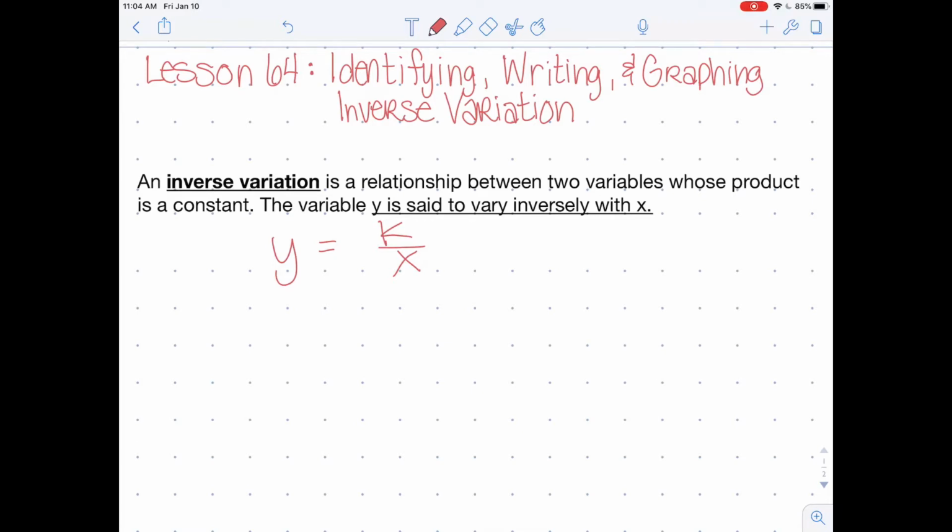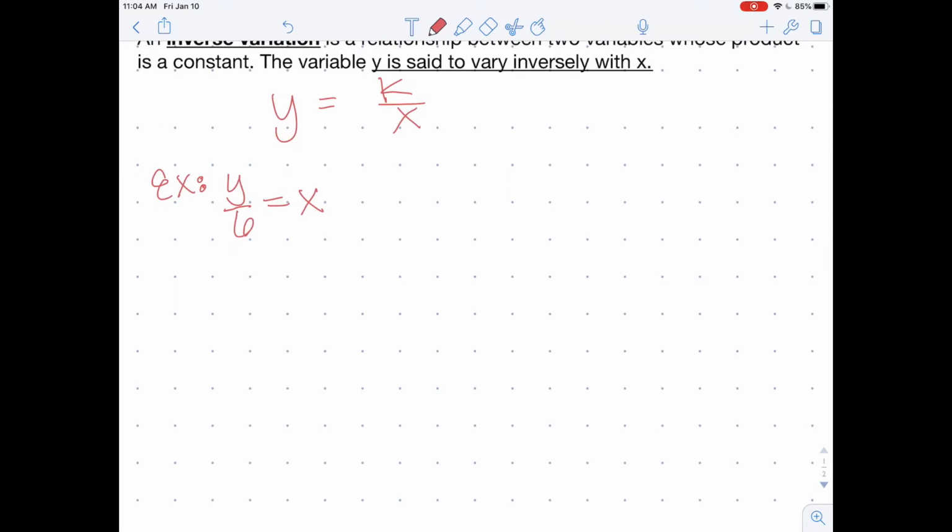So let's just go ahead and take a look at how to identify that. So if I have y over 6 equals x, we want to try and rearrange it to see if, when it's y equals, we have a constant over x. So I'm going to get y by itself. I'm going to multiply by 6.